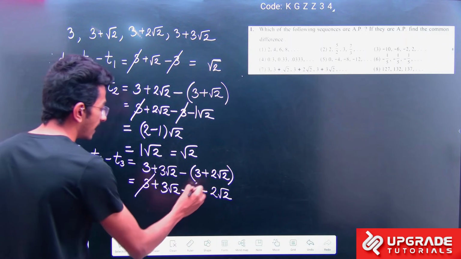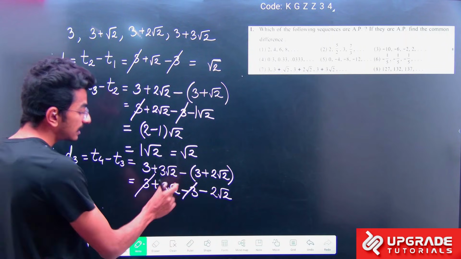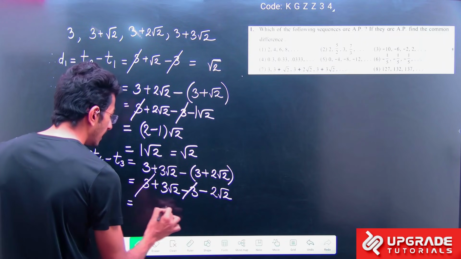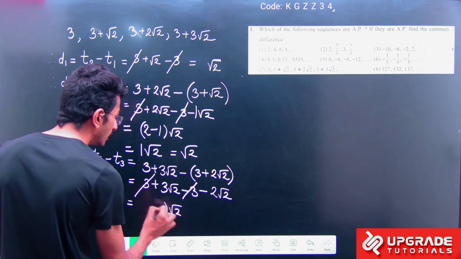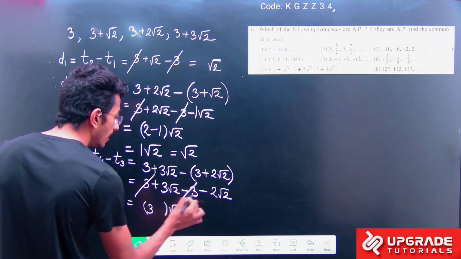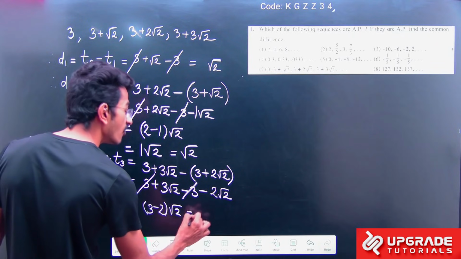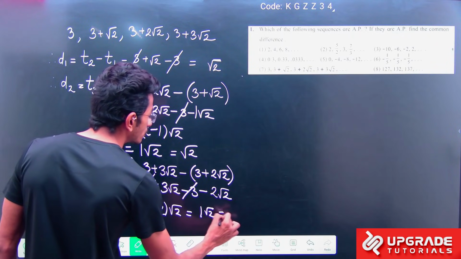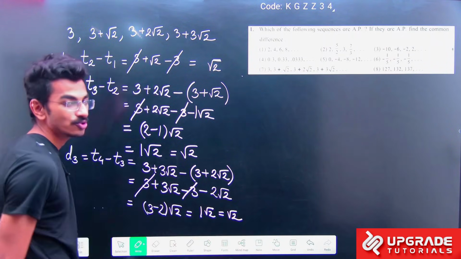Again 3 minus 3 gets cancelled. 3 root 2 minus 2 root 2. I'll again take common root 2. In the bracket it remains 3 minus 2. 3 minus 2 is 1 root 2, which is only equal to root 2.